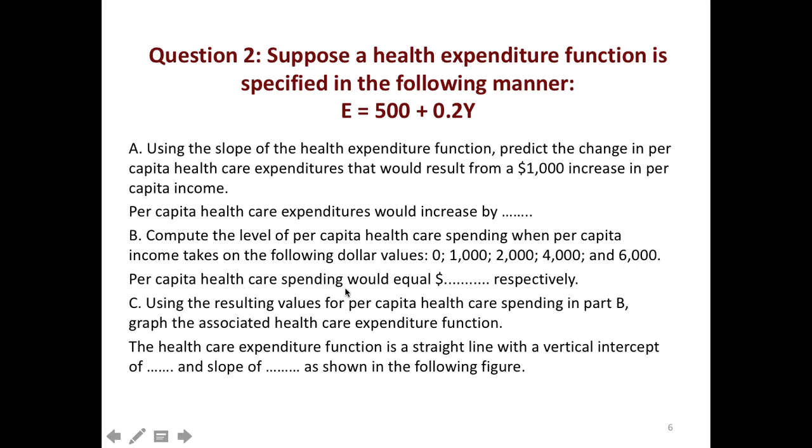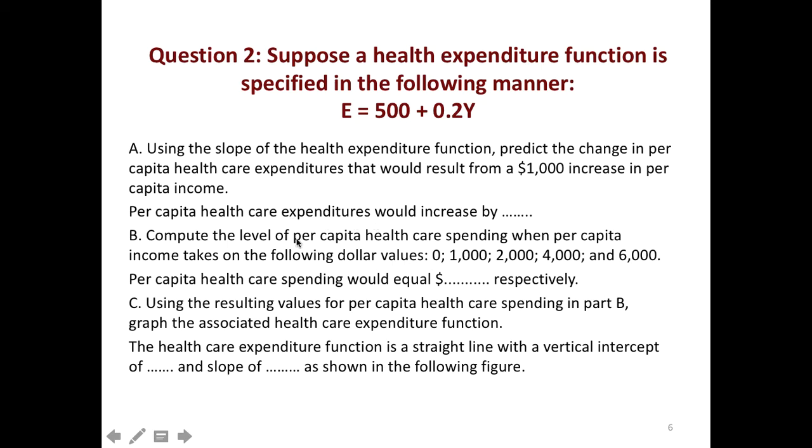So simply you have to replace these values instead of y, multiply by 0.2 and get the expenditure E. The difference between A and B is that here A is asking you how much it is increasing, so the change in healthcare expenditure.